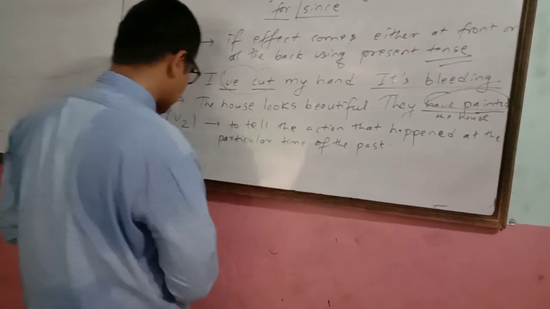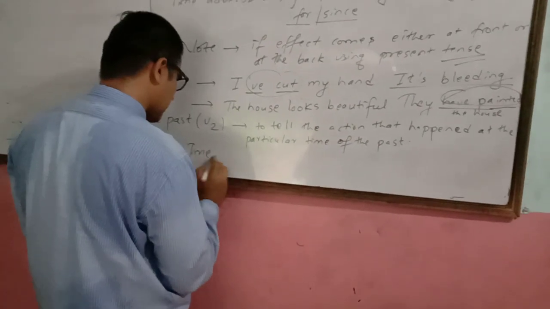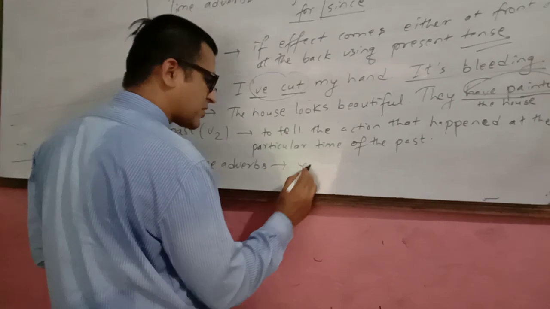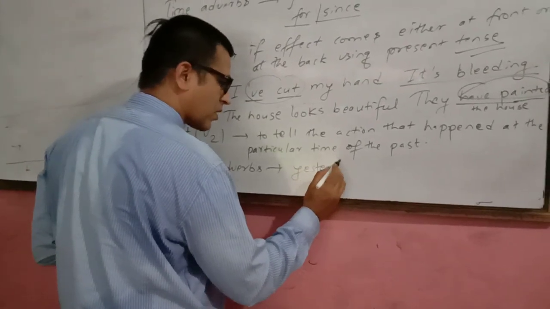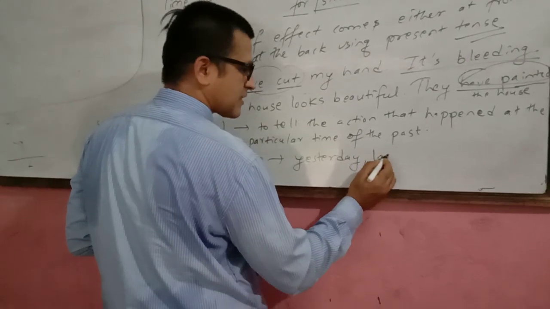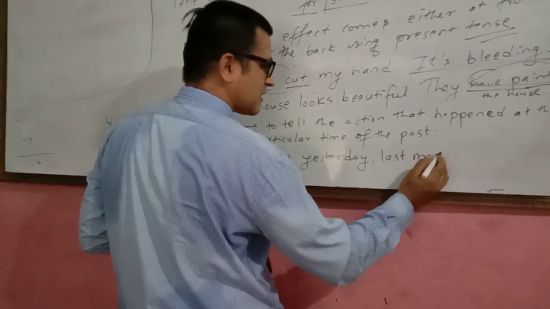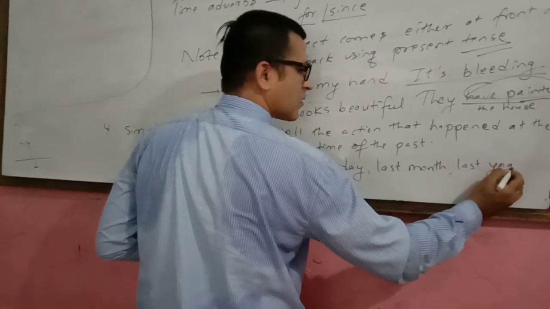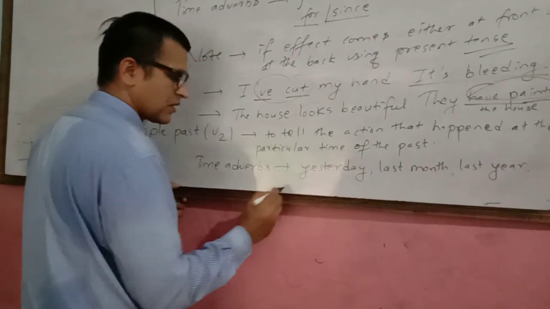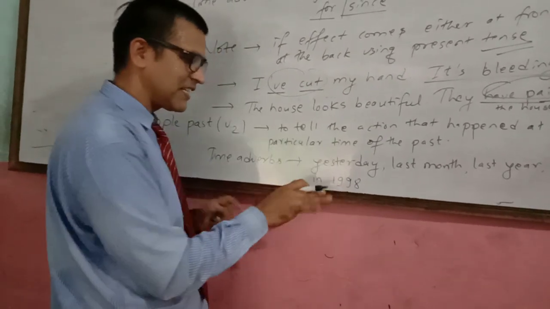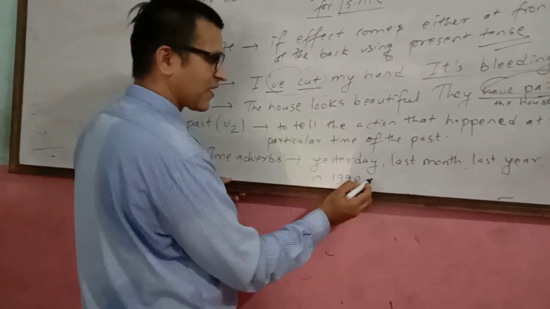For example, for time verbs, we know the past time verbs. What are they? Yesterday, last month, last year, okay? Last year, sometime in 1998, the date that is already gone, right?